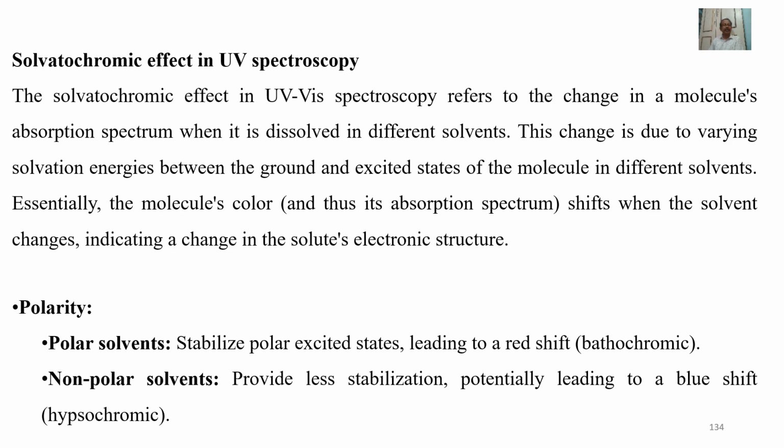Essentially, the molecule's color and thus its absorption spectrum shifts when the solvent changes, indicating a change in the solute's electronic structure, polarity. Polar solvents stabilize polar excited states, leading to a redshift, bathochromic. Non-polar solvents provide less stabilization, potentially leading to a blue shift, hypsochromic.